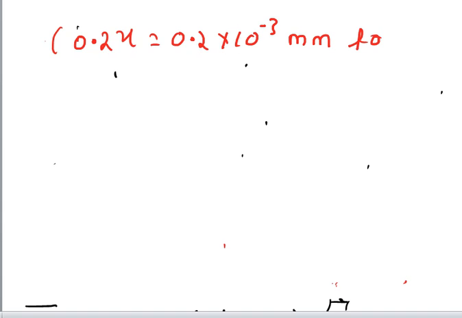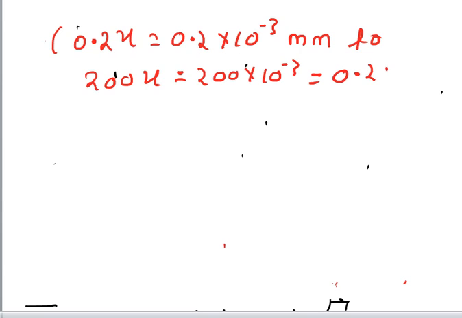As I have said, Stokes law is valid only when the flow around the falling solid particle is laminar, and Stokes also provided a range: laminar flow can be maintained if the particle diameter ranges between 0.2 micron, that is 0.2 into 10 to the power minus 3 mm, and 200 micron, that is 200 into 10 to the power minus 3, which equals 0.2 mm.